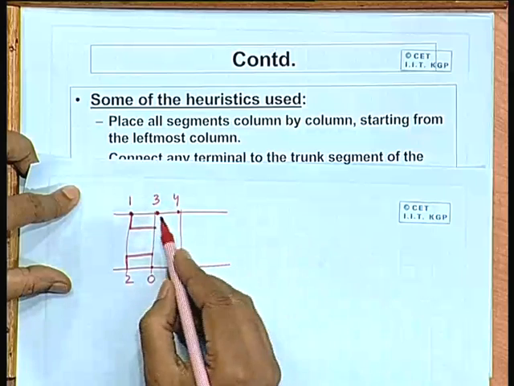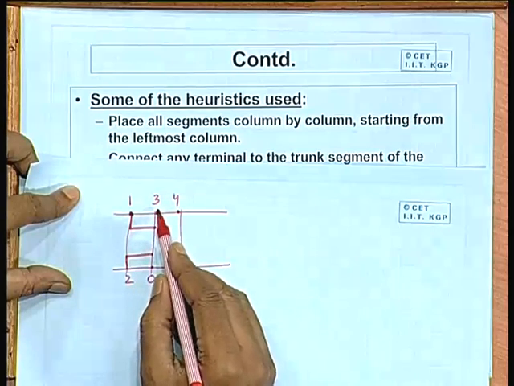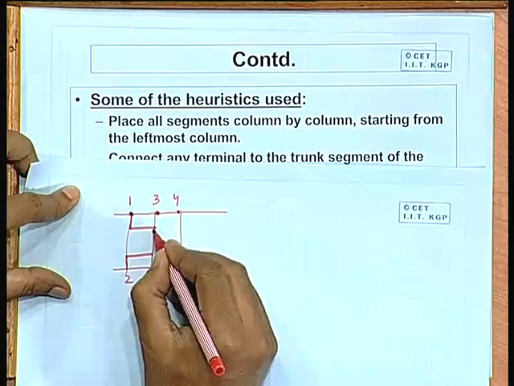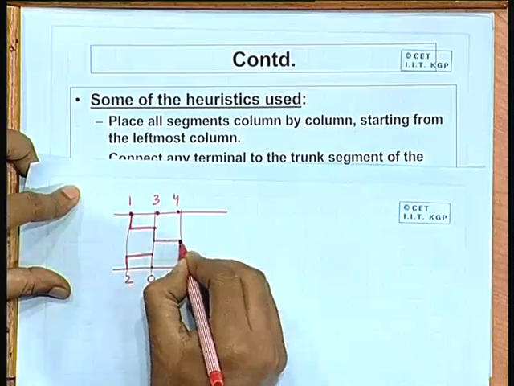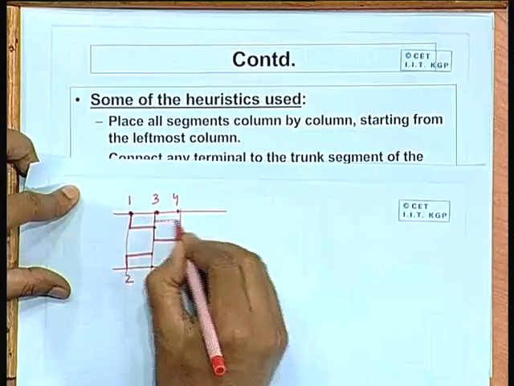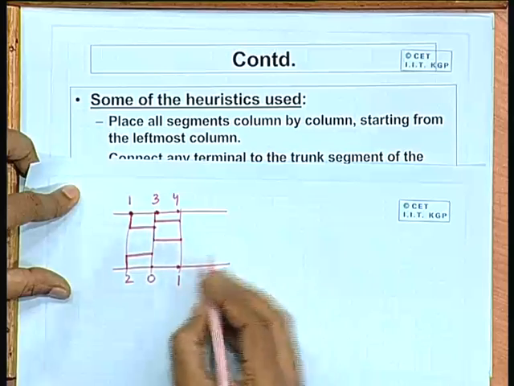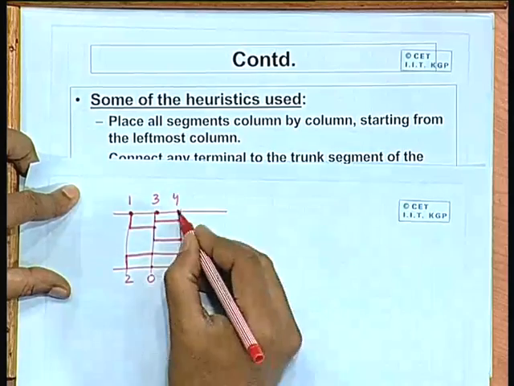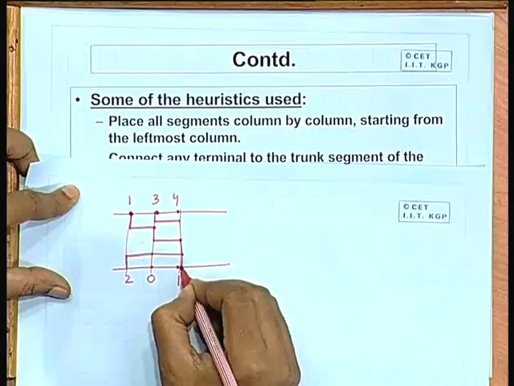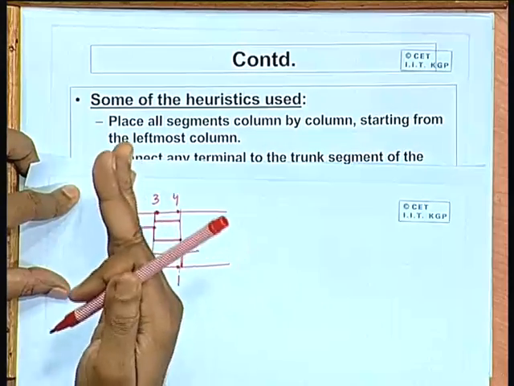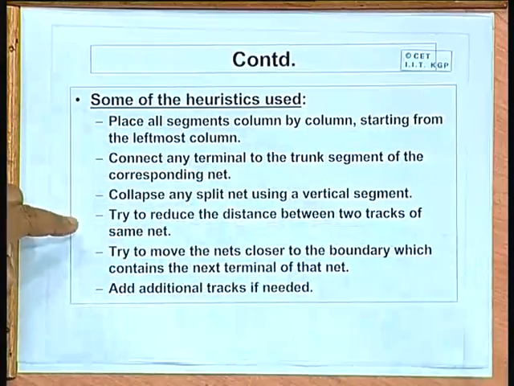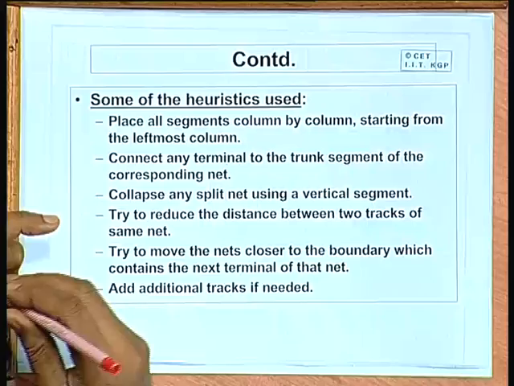Then in the second column you see that you are starting a new net here, 3. So if you do not have space, you can make a jog out here, let 1 come here, or if you have a space, you can start 3 from here. We will see this through an example. Similarly, 2 will be extended. Here 4 will be continued, and this one net which was there, that will be connected here. So at each column position you are doing something. So first let us look at the heuristic, then we will work out a complete example.